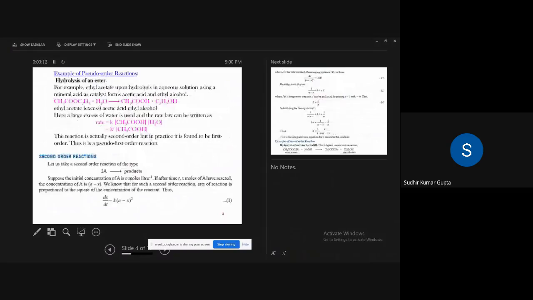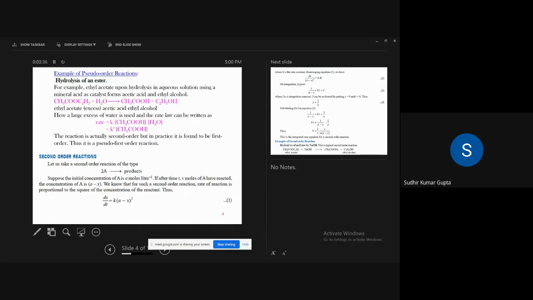A very common example is the hydrolysis of ester. Here, what is the solvent? It is always known that the solvent is in a large amount compared to the solute. The ester is the solute and water is the solvent. When it is hydrolyzed, we get acid plus alcohol from the ester.